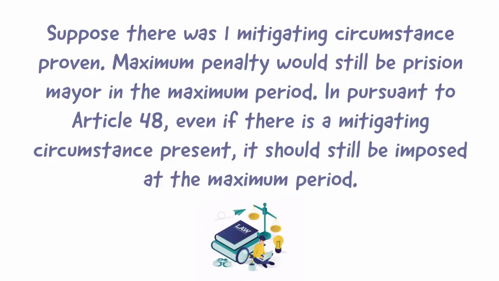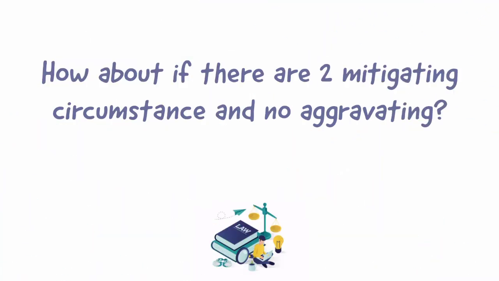Suppose there was 1 mitigating circumstance proven. Maximum penalty would still be prison mayor in the maximum period. Pursuant to Article 48, even if there is a mitigating circumstance present, it should still be imposed at the maximum period. How about if there are 2 mitigating circumstances and no aggravating?